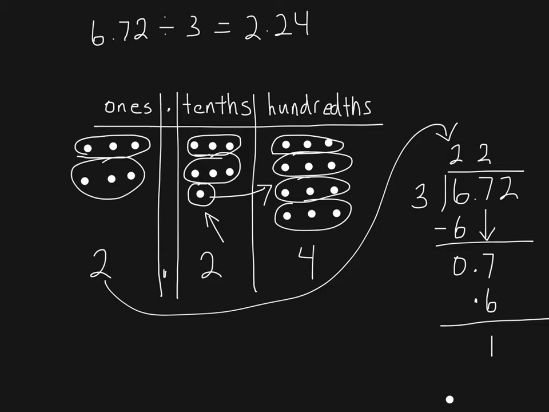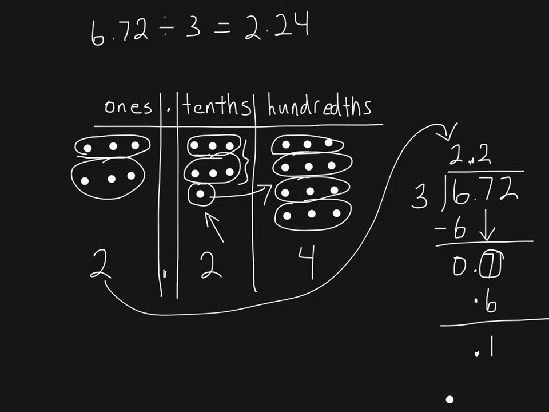Now, it's important in my answer that since this is 7/10 divided by 3, this is 2/10. I made 2 groups in my tenths column over here. So this is 2/10. I need to make sure that I've got my decimal there. I've multiplied 2/10 times 3. I got 6/10. I subtracted. I've got 1/10 left over.